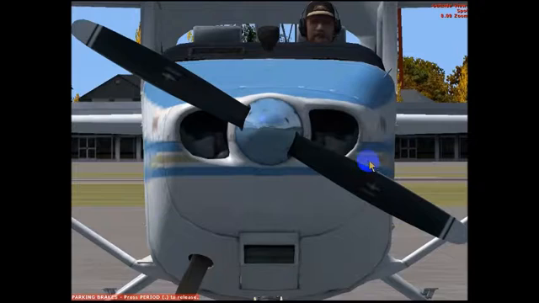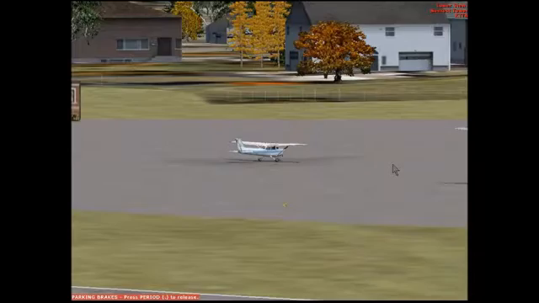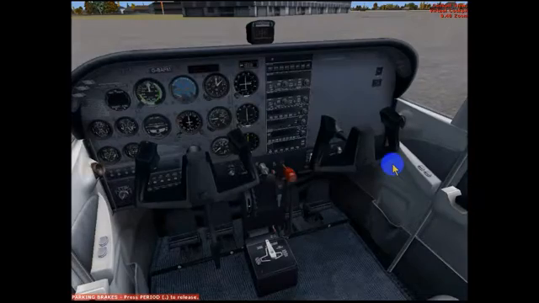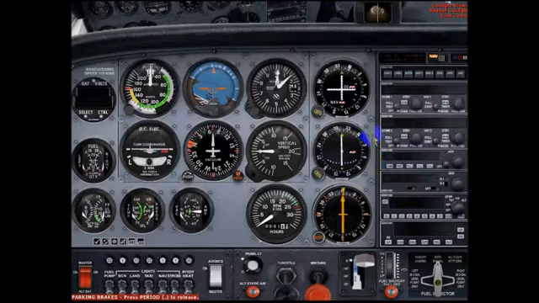The engine model number is the O-320-H2AD. That is the model number. Our operating limits for takeoff and continuous operations is 160 brake horsepower and a maximum engine speed of 2,700 RPMs.